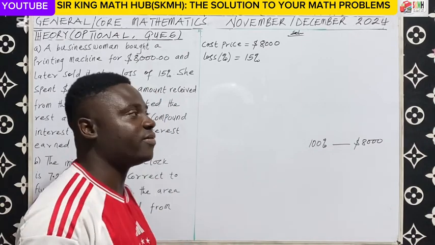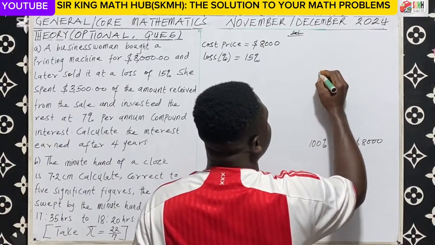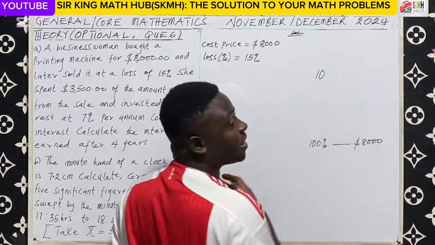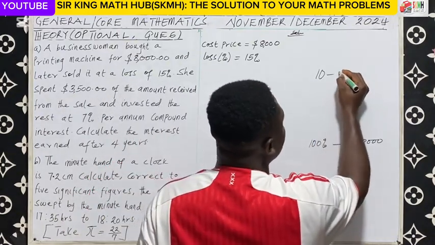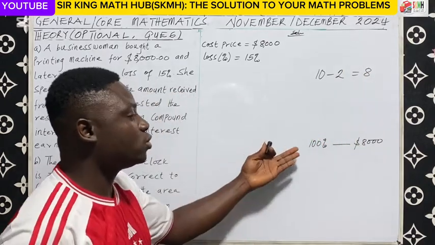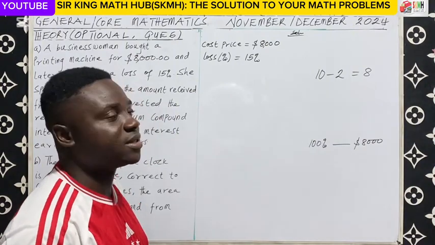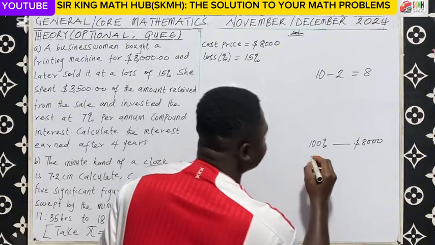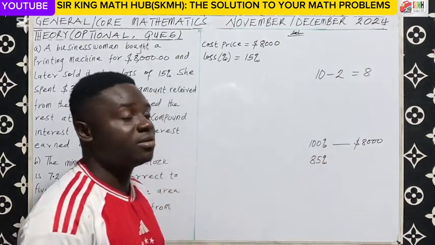15% less of 100%. Now if I ask you to find a number which is 2 less than 10, what will you do? You just subtract 2 from 10 and then the number is 8. So we have to also find 15% less of 100%. So we have to subtract 15% from 100%, and that is 85%.